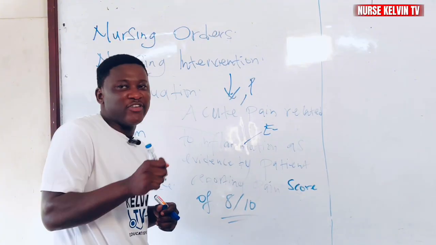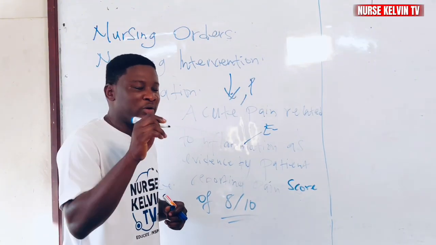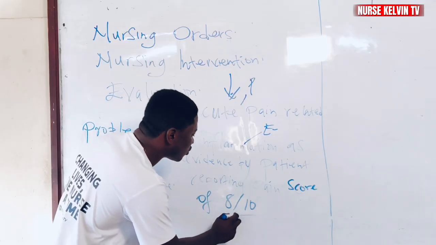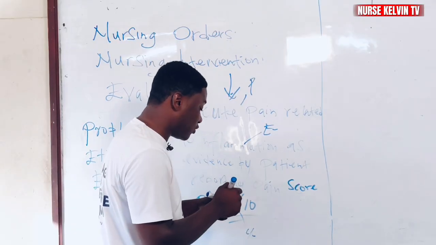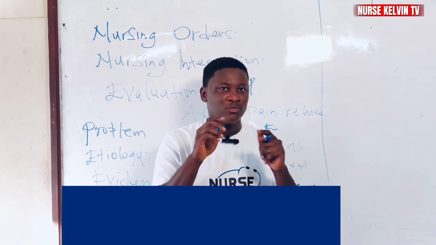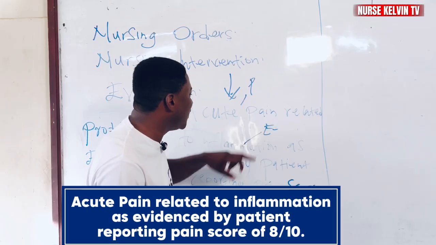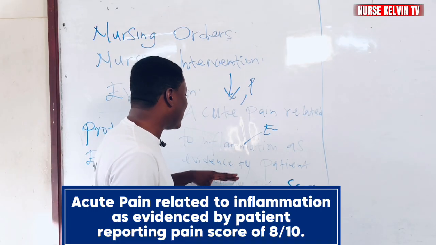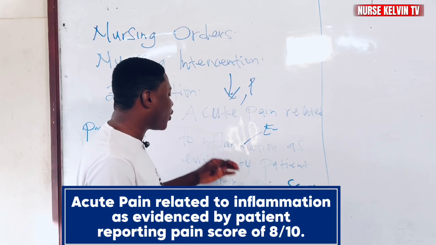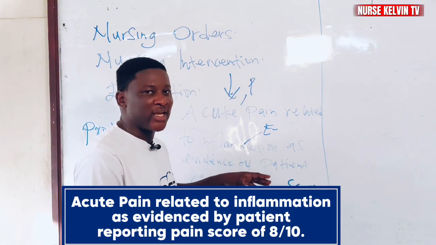Then the evidence: the patient reports a pain score of 8 out of 10. So the nursing diagnosis is acute pain related to inflammation, as evidenced by patient reporting pain score of 8 out of 10.